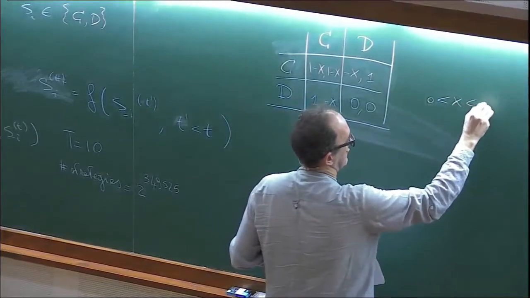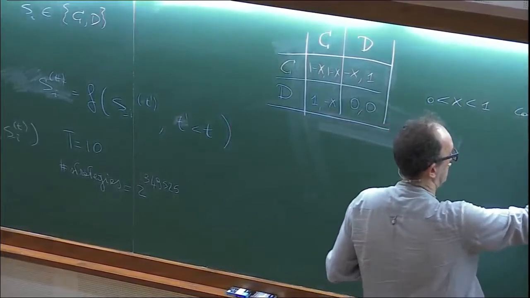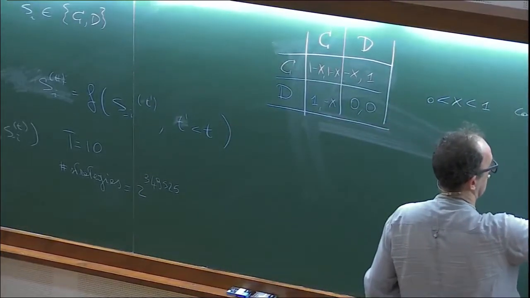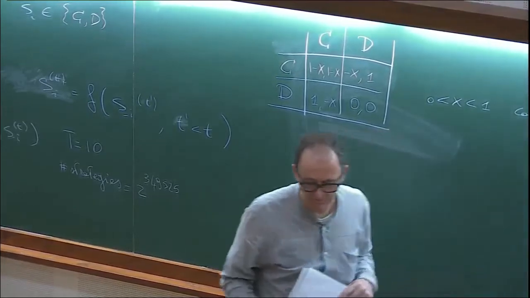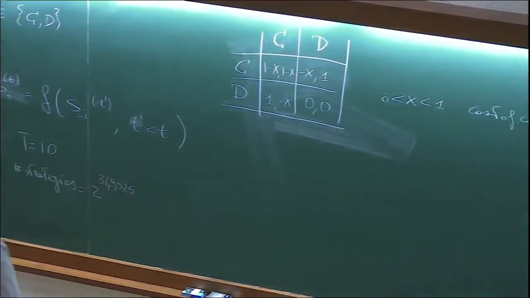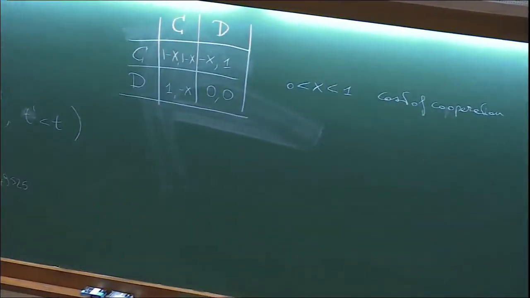You can think of x as the cost of cooperation. Cooperation means I invest some effort, and this effort gives a benefit of 1 to the other player.